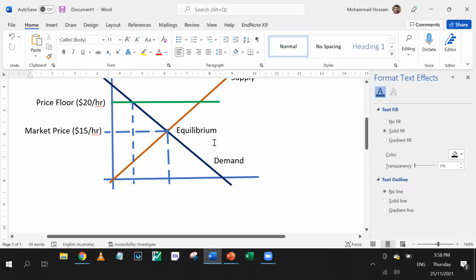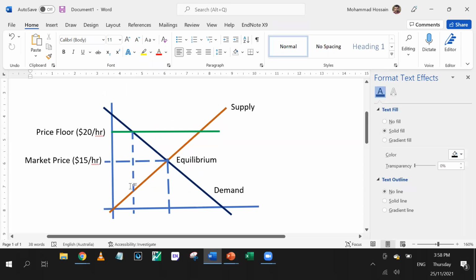When the demand is here, which price are you paying, 15 or 20? Anybody? 20. What will be the consumer surplus? This tiny one will be the consumer surplus at that time. And the producer surplus goes from the green line, these two blue lines, until this red line up to this orange line. This whole thing will be your producer surplus.